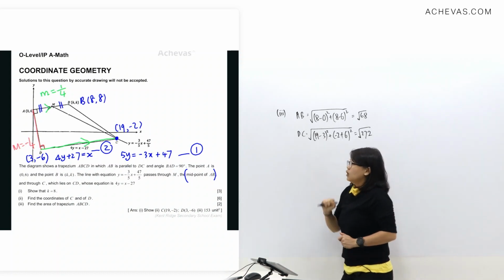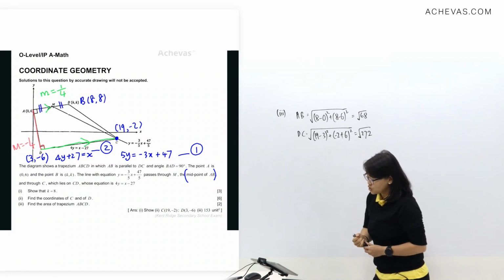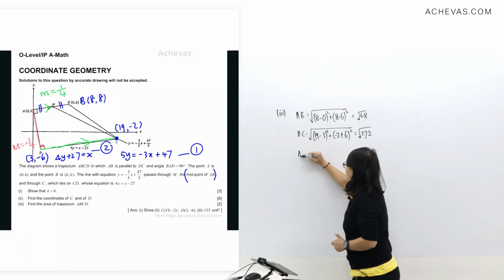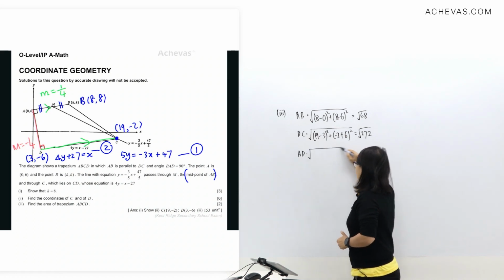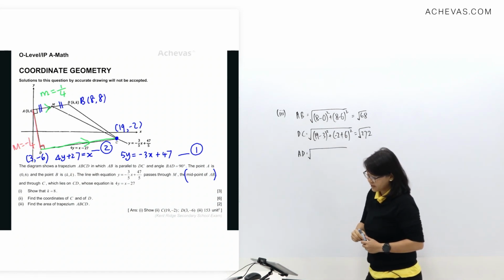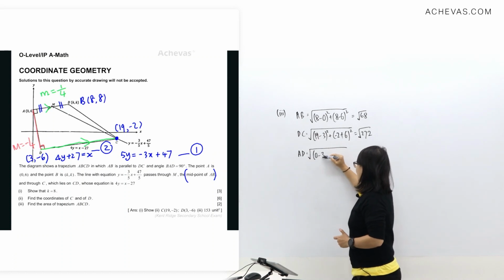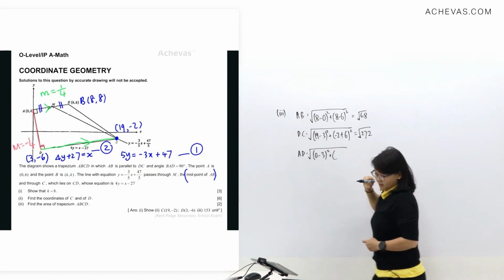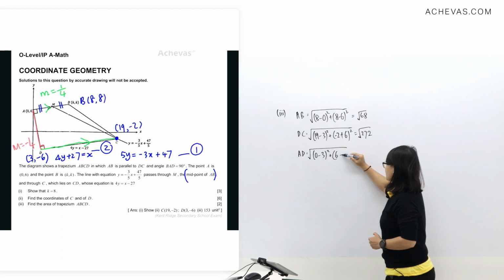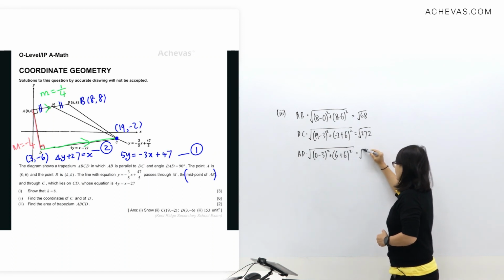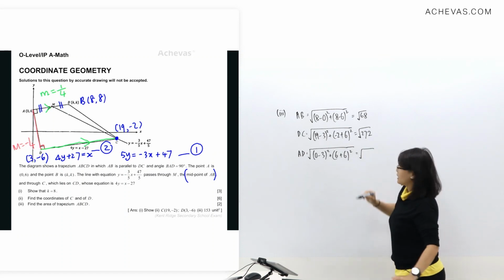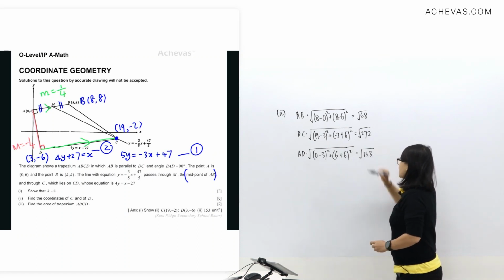All right, let's look at the height of the trapezium, which is length A to D. Let's do another distance formula. So I have 0 minus 3 squared plus 6 minus negative 6, so I'm going to do 6 plus 6 squared. And this one here, I'll have square root 153.